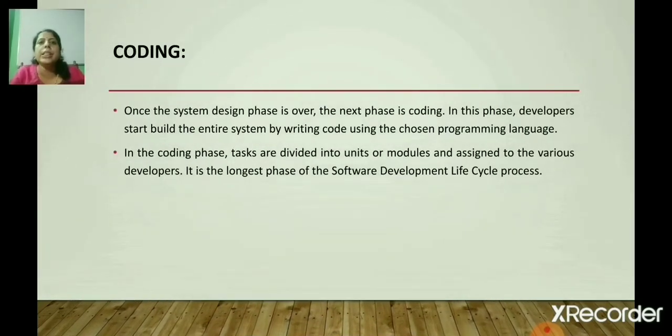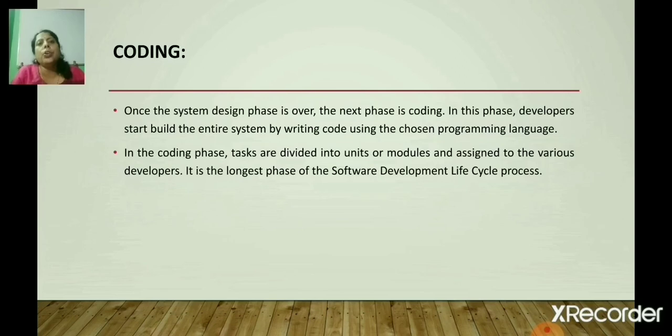The next phase is coding. Once the system design phase is over, the next phase is coding. In this phase, developers start building the entire system by writing code using the chosen programming language. In the coding phase, the task is divided into units or modules and assigned to the various developers.